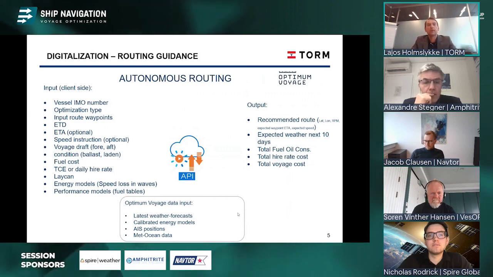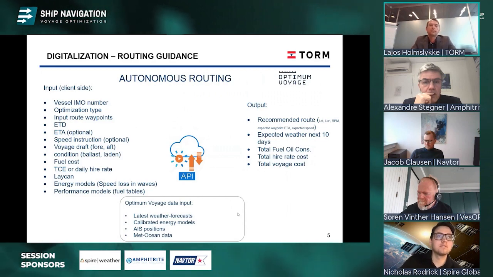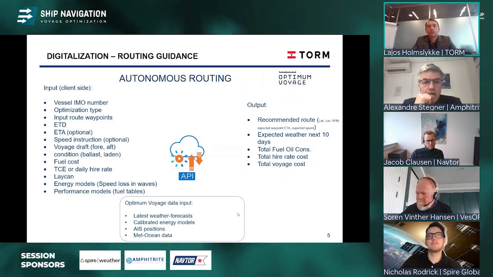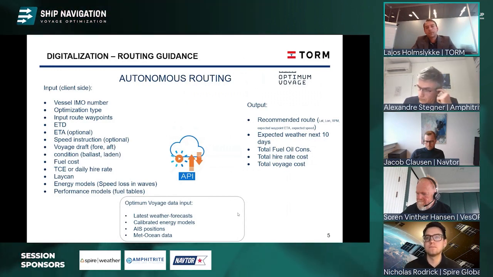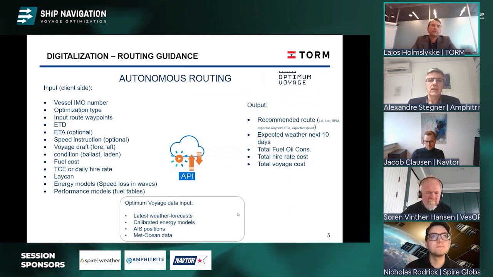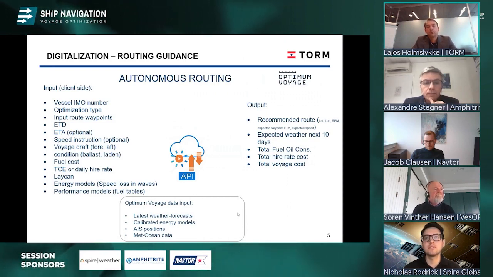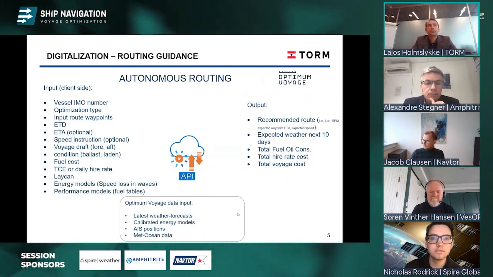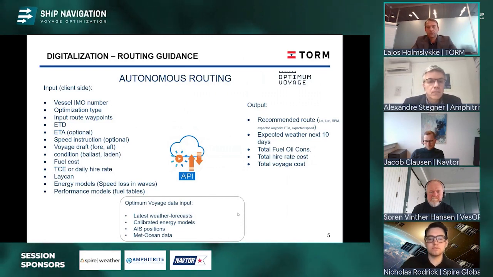Obviously you don't do that, but let's just make it into time instead: you would have an equivalent time loss if you were trying to force your way into high seas. On the positive side, with the new CII, this also benefits our CII, because by circumventing high seas areas, bad areas, cyclone areas, you avoid the exposure of extreme consumption for your voyages and thereby also for your CII calculation.